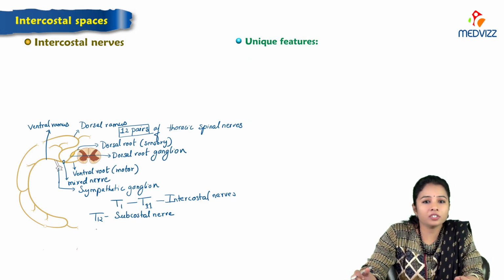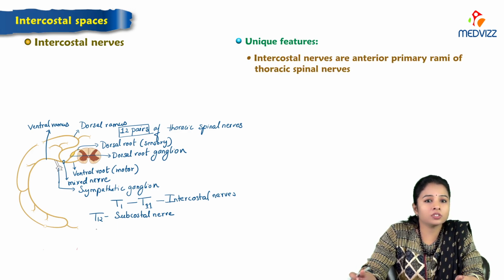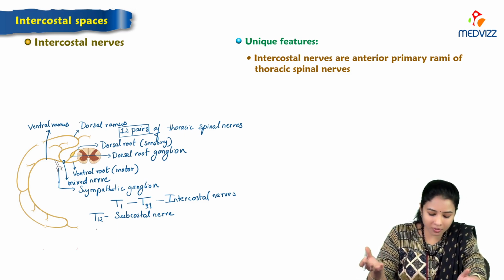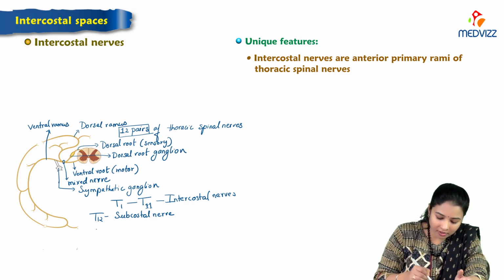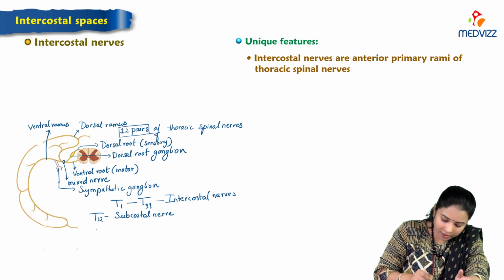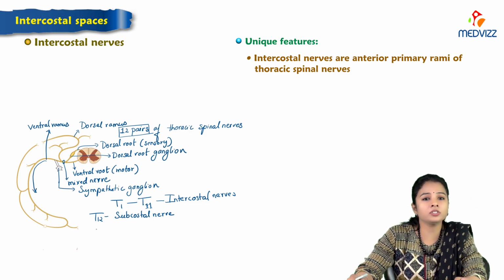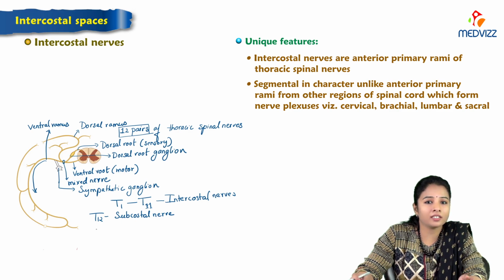The unique feature is that the intercostal nerves are the anterior primary rami of thoracic spinal nerves. So the dorsal ramus doesn't come into the picture at all. We can see the ventral ramus alone running here as the intercostal nerve. They are segmental in character.